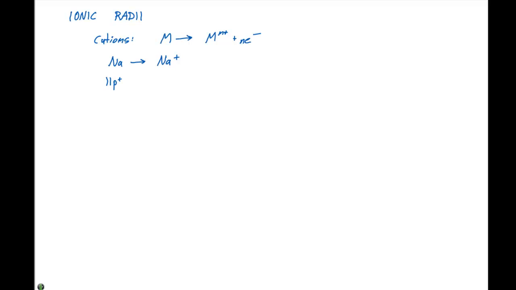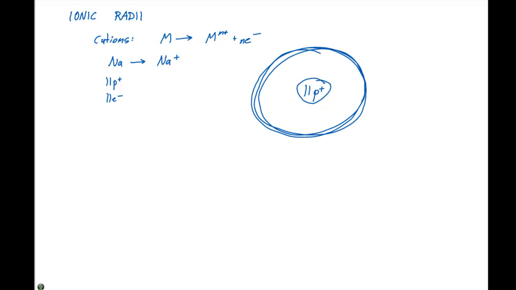So with sodium we have 11 protons and 11 electrons. If we generically represent the atom, there's going to be 11 protons in the nucleus and 11 electrons that surround the nucleus. When sodium becomes a cation, it's going to lose one of its electrons, but it has the same number of protons.